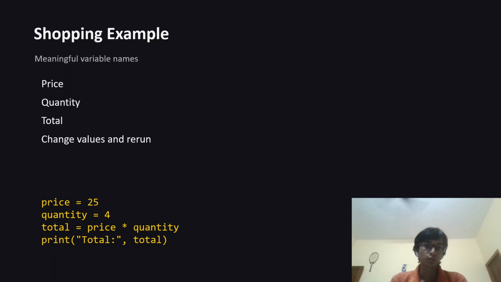For example, we want to do a shopping example: meaningful variable names, price, quantity, total, change values, and rerun. So this is an example. I want you to do it.